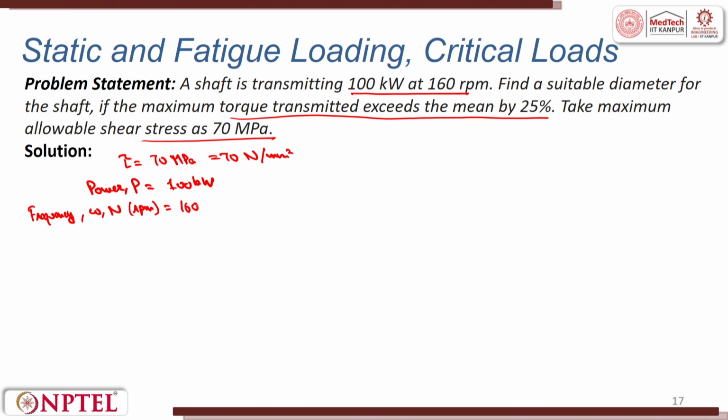This is 160 rpm, and it says the torque transmitted exceeds the mean by 25%.